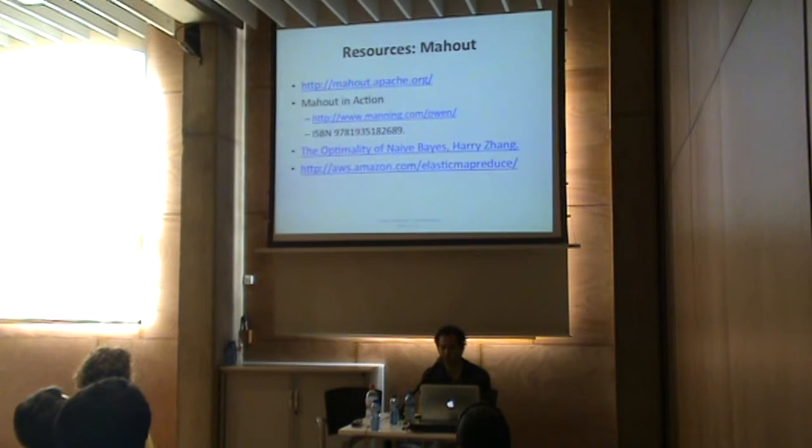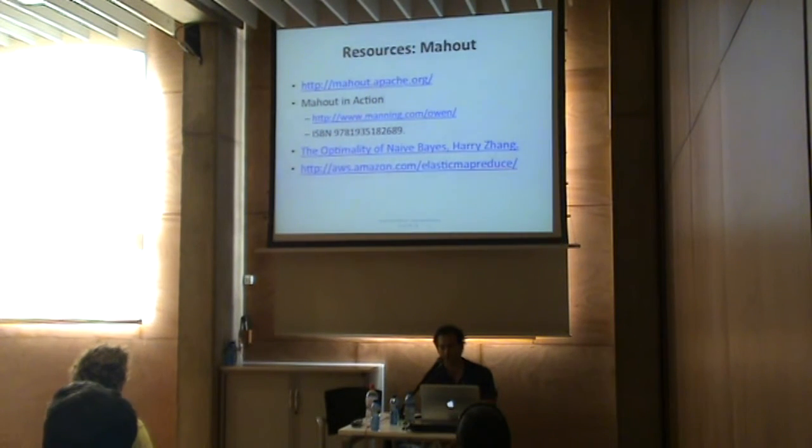There's a great book from Manning Publishers called Mahout in Action. Highly recommended if you want to get up and running quickly with Mahout and figure out what's going on behind the scenes, especially if you don't have much experience with machine learning or AI.